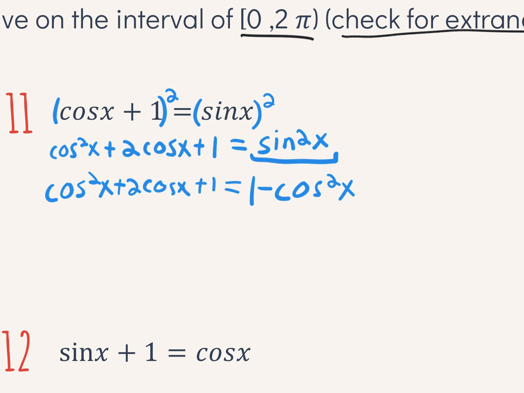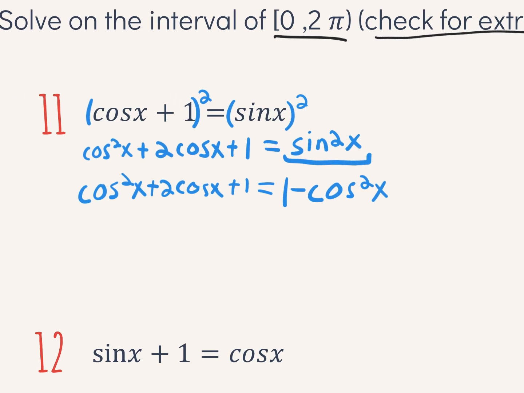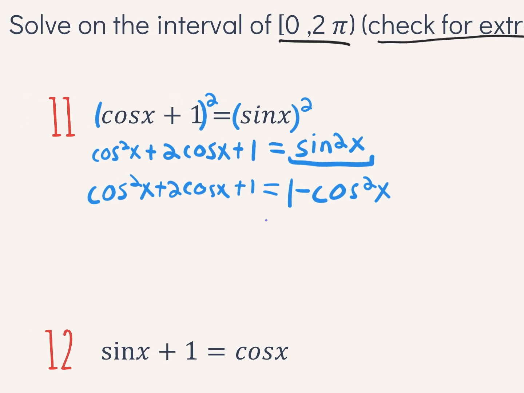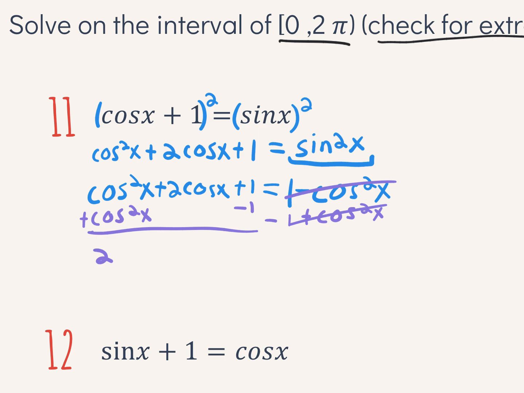All right, and then now what does it look like we can do? Yeah, right, so let's get everything to one side. Let's set it equal to 0. So I'm going to subtract 1 on both sides, and let's add cosine squared x on both sides. Then everything over here is going to cancel out, and on this side, cosine squared plus cosine squared is going to get you 2 cosine squared x.